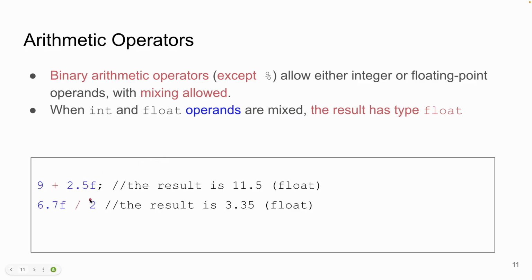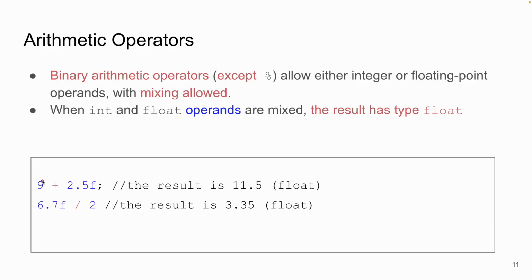So let's check out these two examples to understand the meaning here. In the first example, I add 2.5 to 9. In this case, we mix two types of value in the same expression, because 2.5 has the type floating point number, right? And 9 has the type integer.